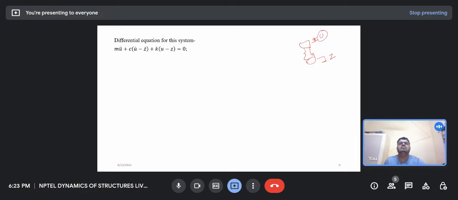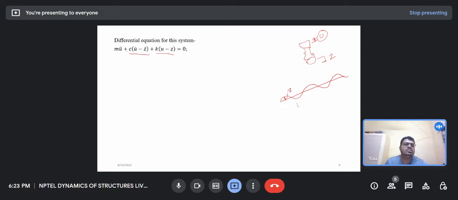So only the damper and the stiffness terms will change, as they depend on relative motion, and the acceleration would be the absolute total acceleration. In this question the vehicle is traveling on a sinusoidal road.